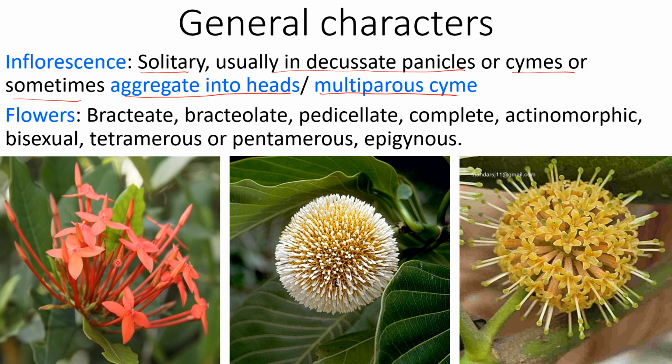In this picture, you can see the multiparous cymose type of inflorescence. Flowers are bracteate, bracteolate, pedicellate, complete, actinomorphic, bisexual, tetramerous or pentamerous, and they are always epigynous.